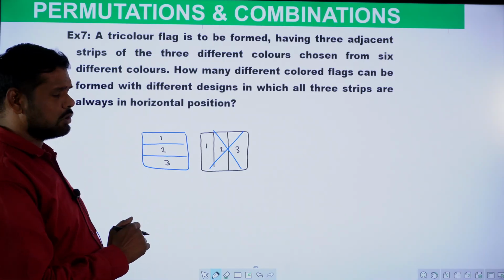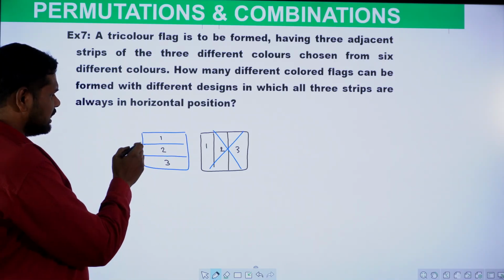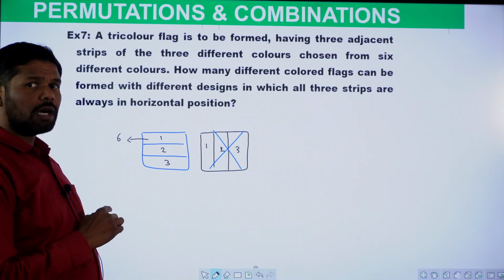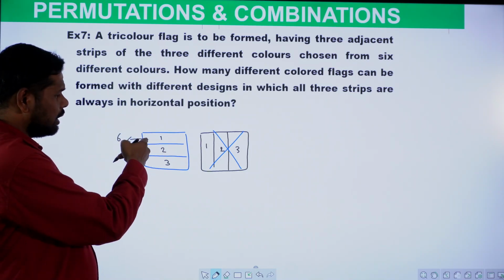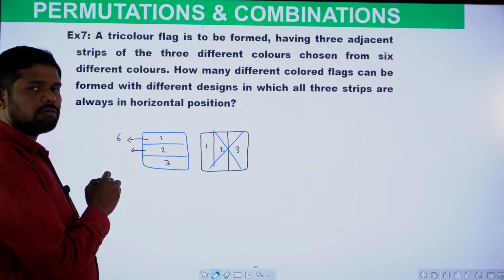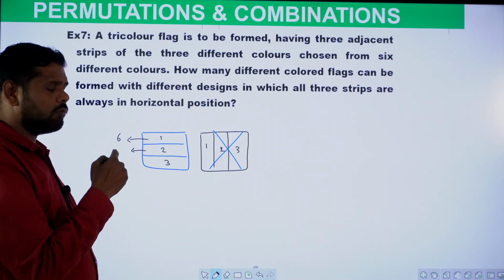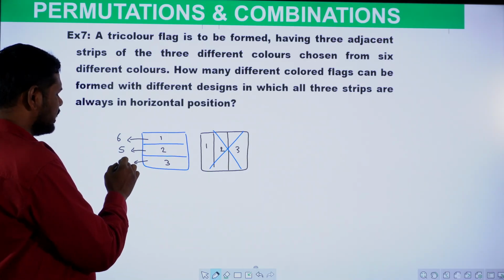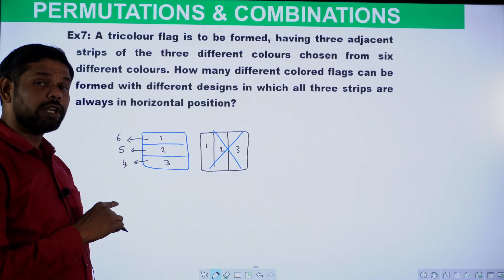How many ways means total 6 colors are there. Suppose in the first strip I can choose any one of the 6 colors. Already I used one color at the top means remaining how many colors are there? 5 colors. I can choose any one of the 5 in the second strip. Similarly, I can choose any one of the remaining 4 in the third strip.